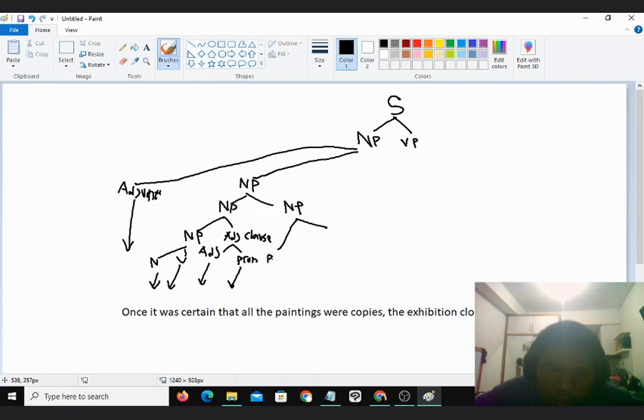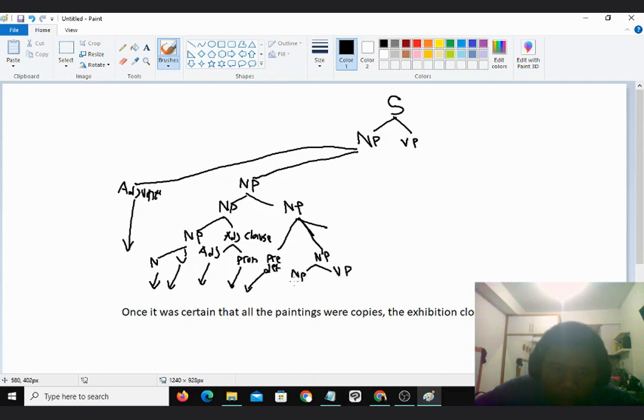Now this part is the predeterminer that we focus on, and it begins the noun phrase again. Now that means it is going to be split again into a noun phrase and a verb phrase.